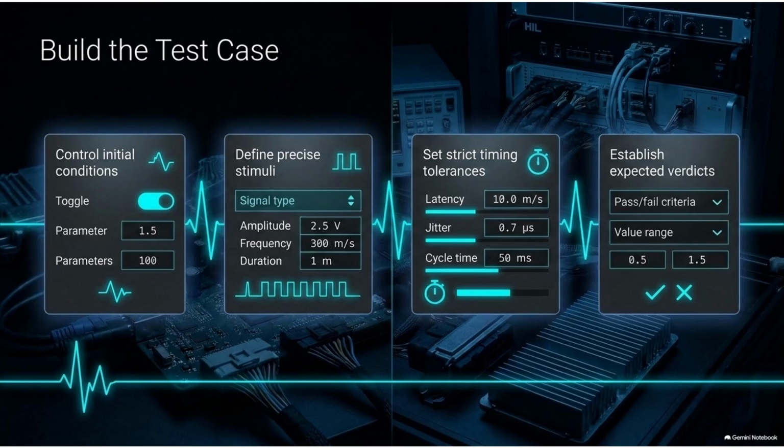Third, we set strict timing tolerances, like a cycle time of 50 milliseconds and a jitter of 0.7 microseconds. The fourth and last one, we establish expected verdicts, with a clear pass/fail range, like an expectation of 1.0 with a tolerance of 0.5, so between 0.5 and 1.5.